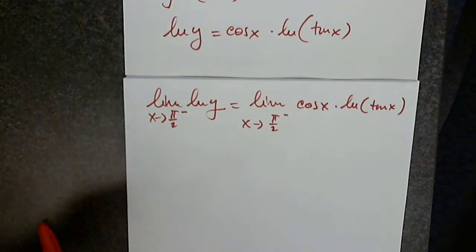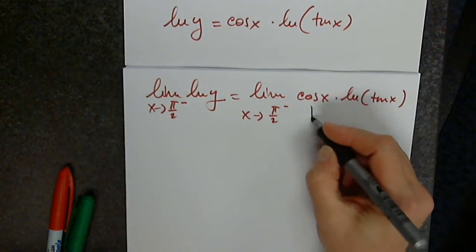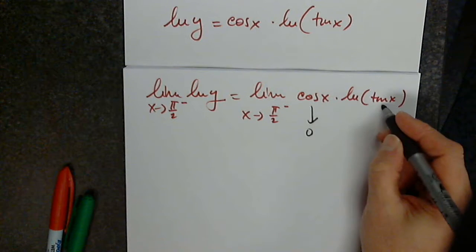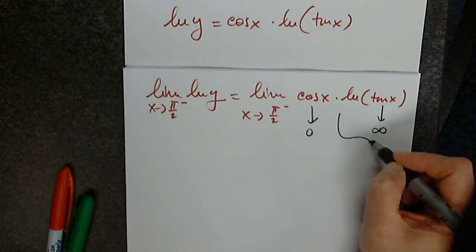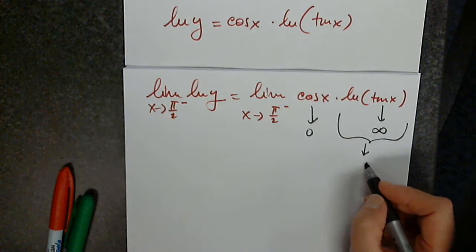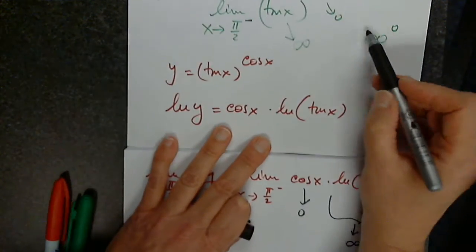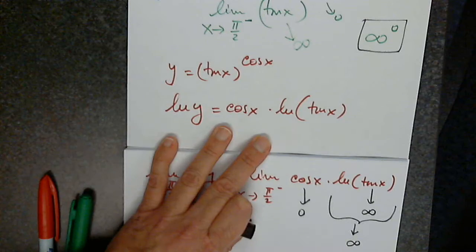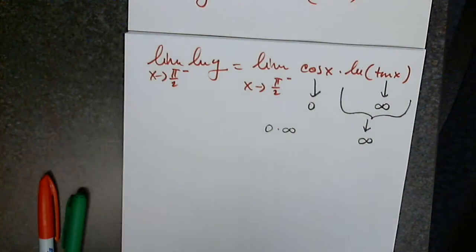I continue now with plugging in. This approaches 0 and this approaches infinity. Therefore, this is 0 times infinity. Now, this is much better. Infinity raised to 0 is awful, but 0 times infinity is much better.